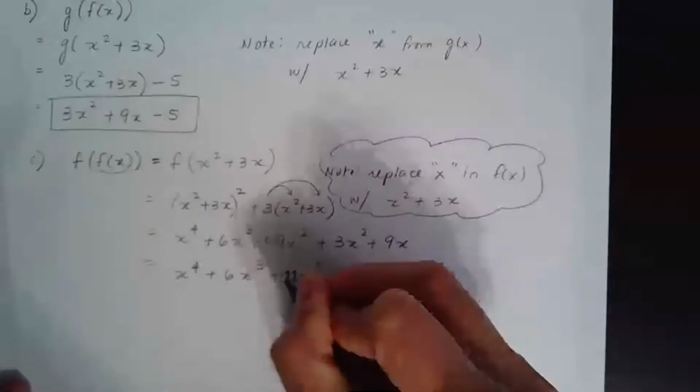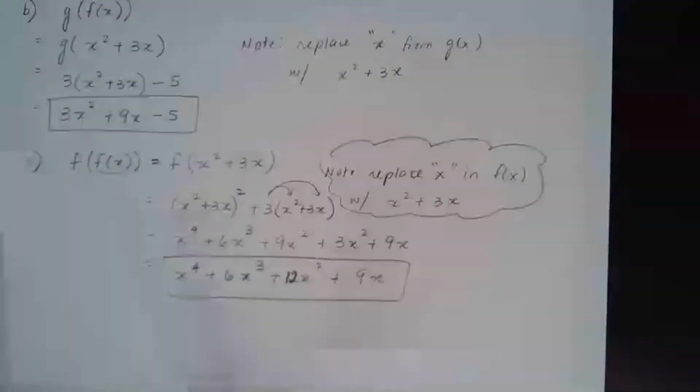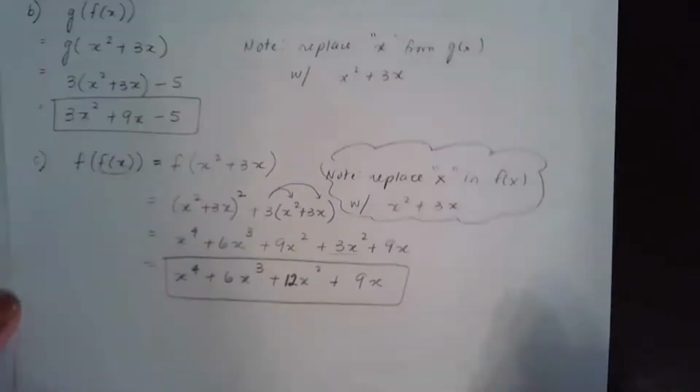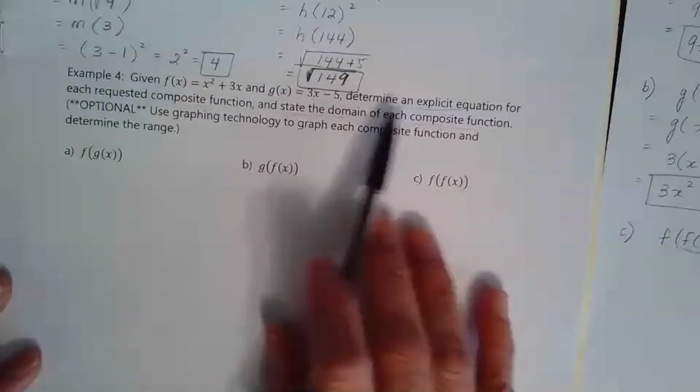Simplify this part. Hold on. So x to the 4th, x cubed, and then the x squared would give us 12x squared, and then a 9x. That gave us a quartic.